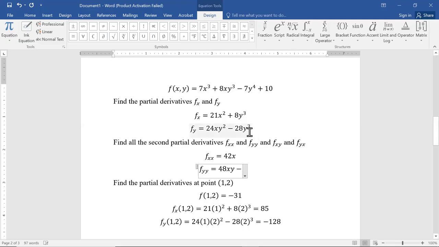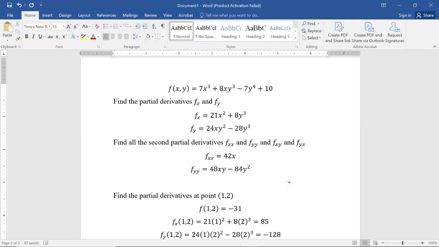And then in the second term, 3 times negative 28 is going to be negative 84. And then I'm going to get y squared. So f sub yy is 48xy minus 84y squared.